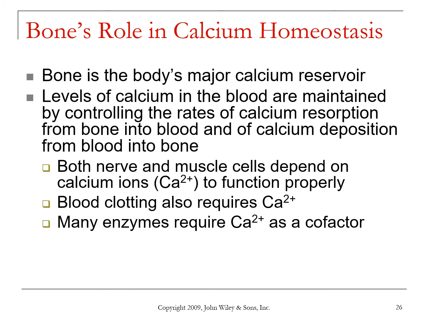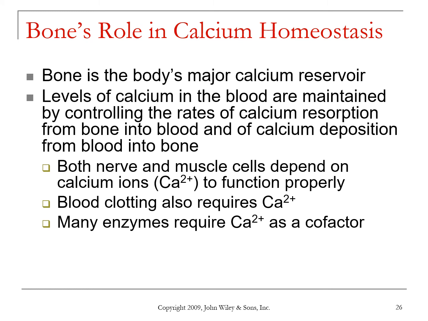One of the less obvious roles of bone tissue is that of calcium reservoir. The levels of calcium in the blood are actually maintained by balancing or altering the rates of calcium resorption from old bone and releasing that calcium into the blood, versus the rates of calcium deposition from the blood into new bone.